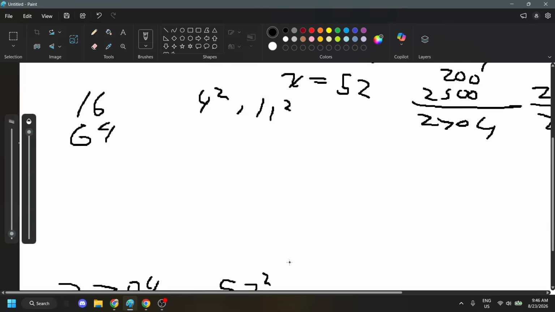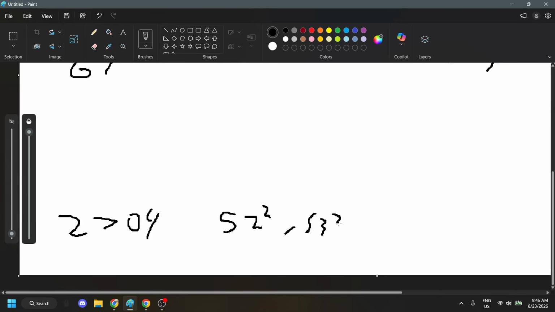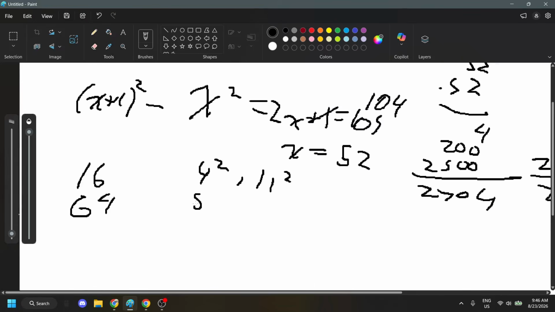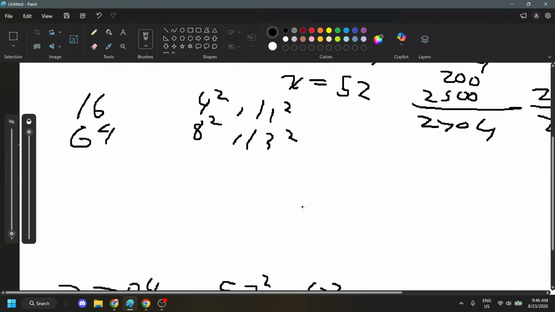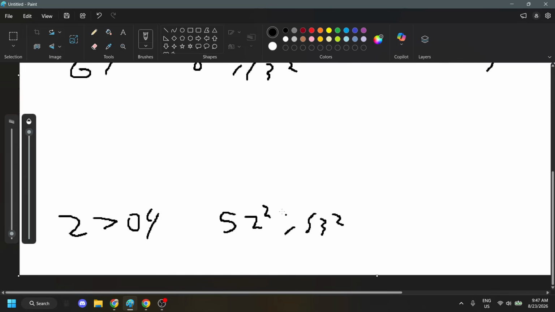I'm just going to look if there's any pattern. 64 is 8 squared, and that goes to 13 squared. Look at that pattern. Here we're increasing by 4, here we're only increasing by 2. So there's such a large increase here for this small decrease here.